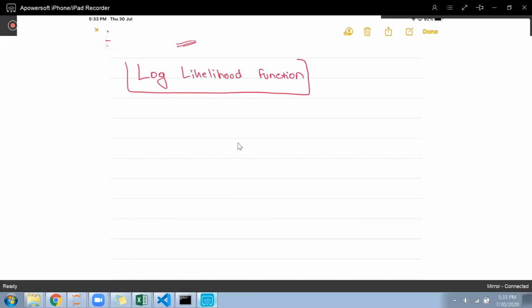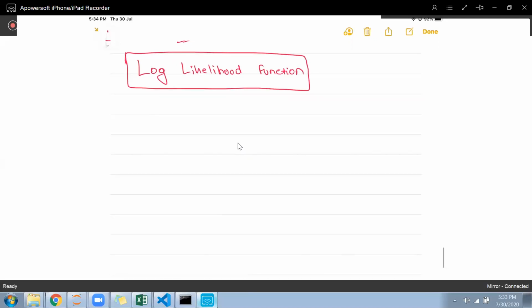I will write it like this: minus yi log of the predicted value, minus 1 minus yi log of 1 minus pi.